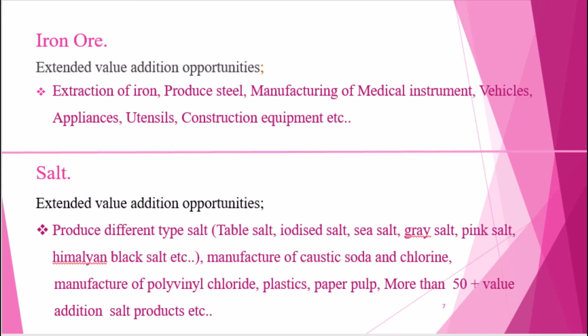The other one is salt. We can produce different types of salt products, and there are a lot of extended value addition opportunities: table salt, iodized salt, sea salt, gray salt, pink salt, as well as Himalayan black salt. There are a lot of uses for salt, and more than 50-60 value addition processes are available.